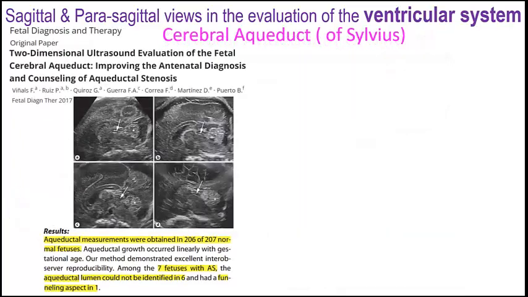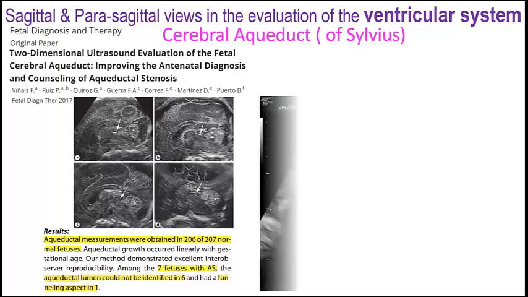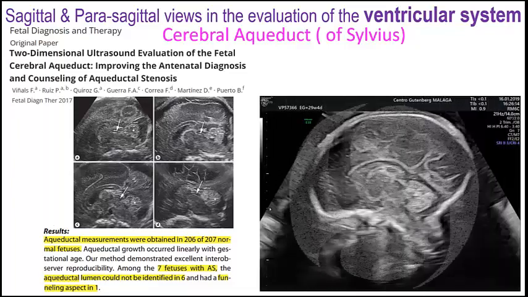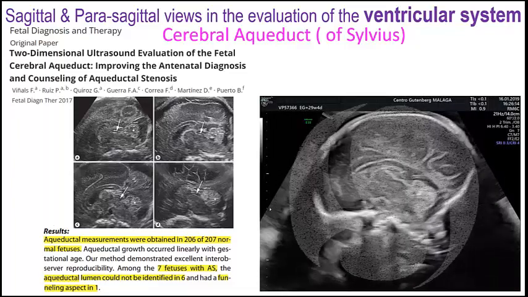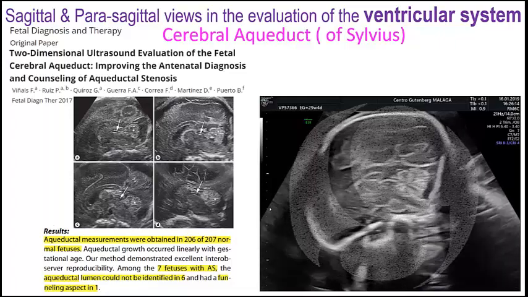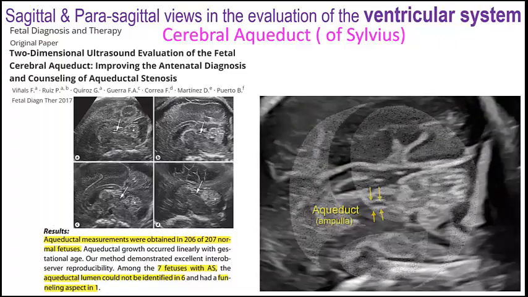So in the second and third trimesters, if we want to visualize the aqueduct, we must go to the mid-sagittal plane, and following the recommendations of Fernando Viñals in this paper, we should insonate through the posterior fontanelle until we see the medial portion of the aqueduct or ampulla as a curved tubular structure, slightly concave, lying ventrally to the mid-tectum.